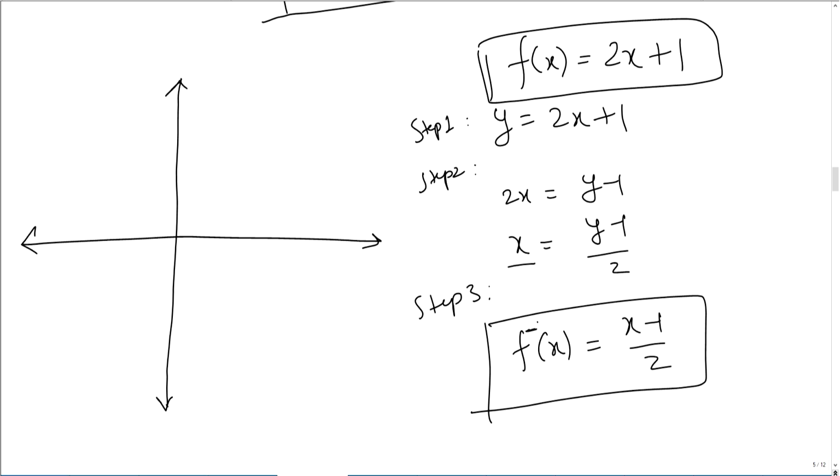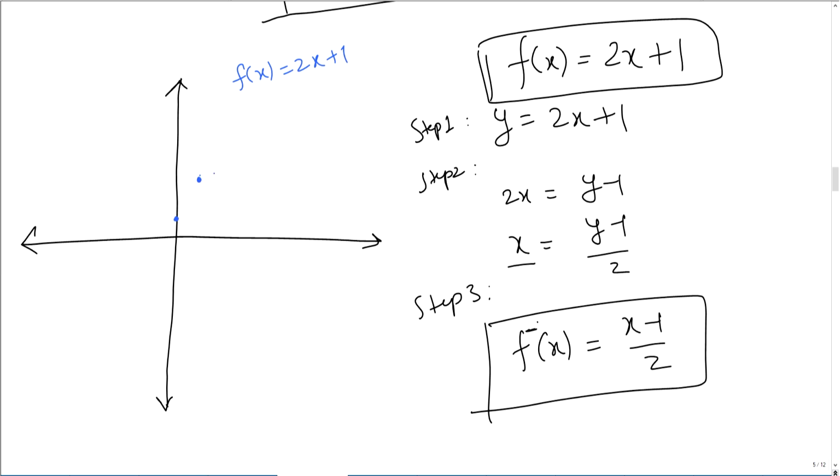What is the original function? f of x equals 2x plus 1. Let me plot this. At x equals 0, the value of this function is 1. At x equals 1, the value of this function is 3, somewhere here.